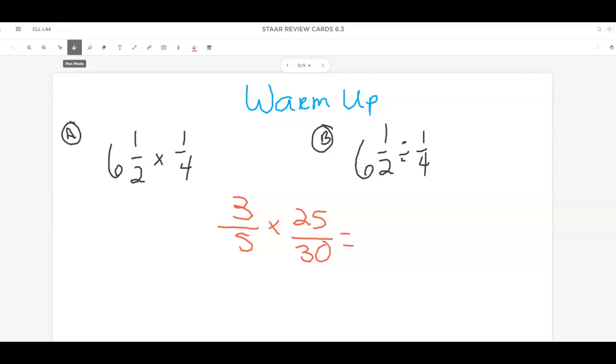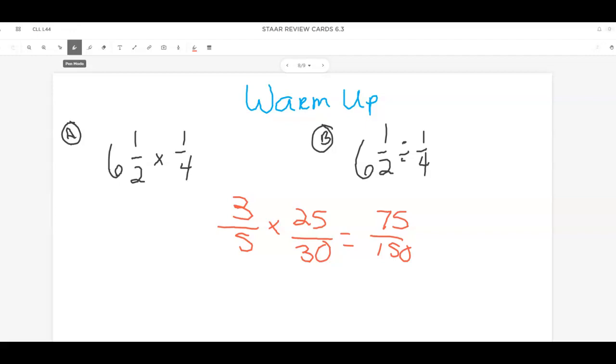If I wanted to multiply that without simplifying first, I would just multiply across. 3 times 25 is 75. And then 5 times 30 is what? 5 times 3 and add a 0. 5 times 3 is 15 and then there's a 0. Okay, so if I just multiplied across, I would get that.